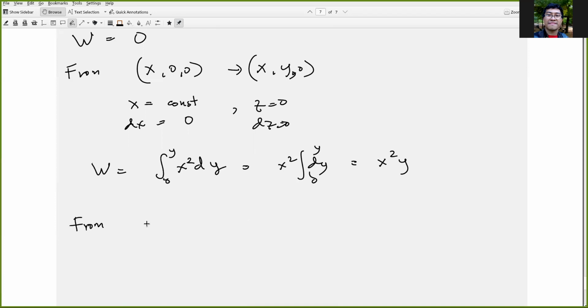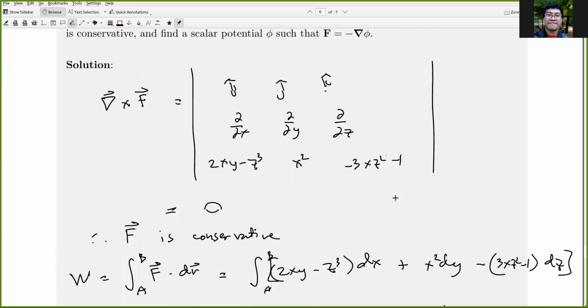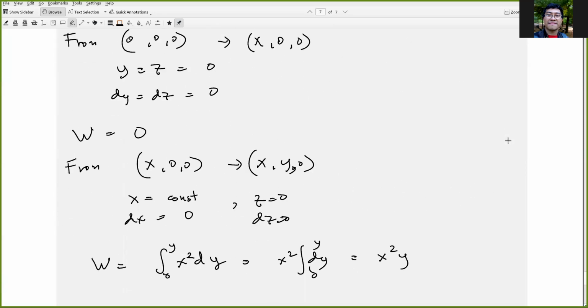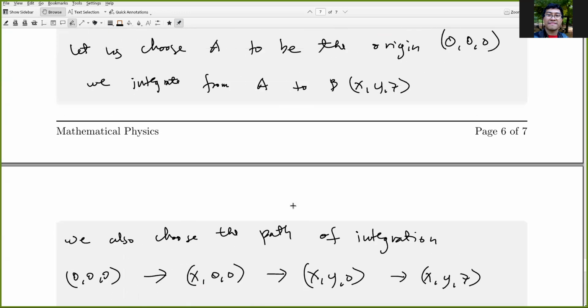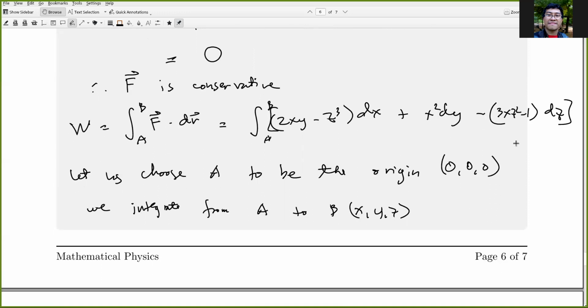Finally, from x, y, 0, we go to x, y, z. In this case, x is constant, y is constant, so dx equals 0, dy equals 0. Z is a variable.